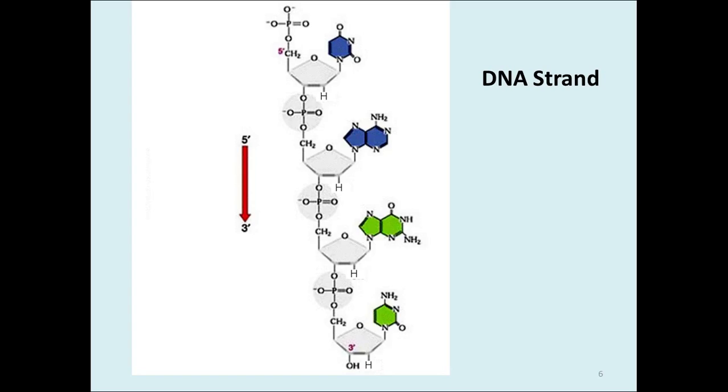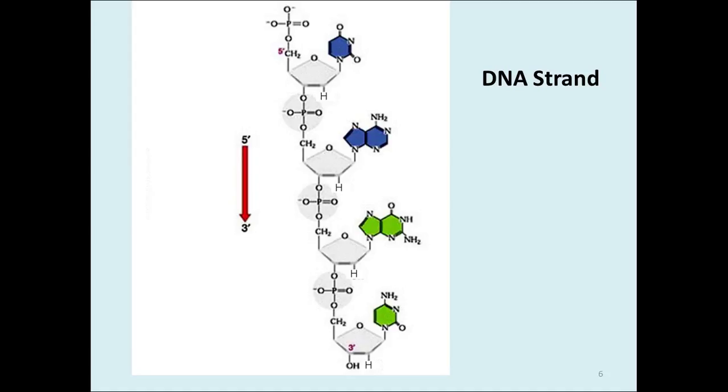The two backbones are joined by the nitrogen bases. As I said before, adenine can only join with thymine. This is because they form 2 hydrogen bonds. Guanine can only bond with cytosine because they form 3 hydrogen bonds. This also puts a purine with a pyrimidine.